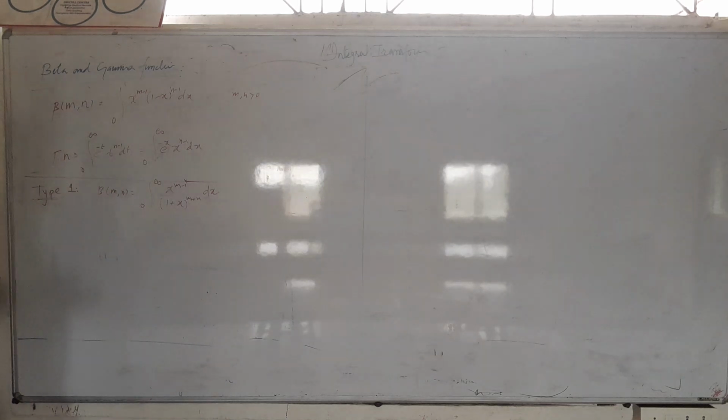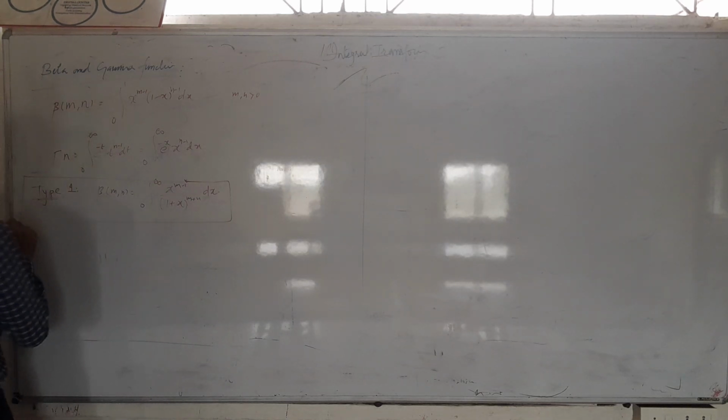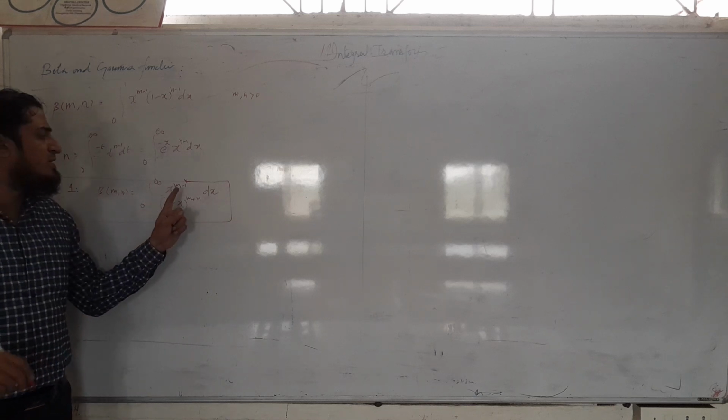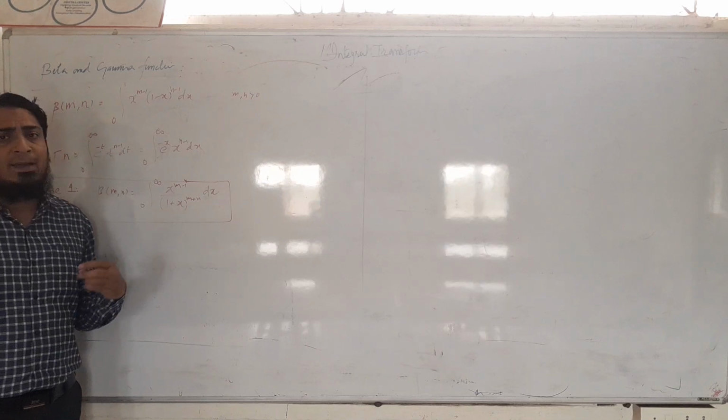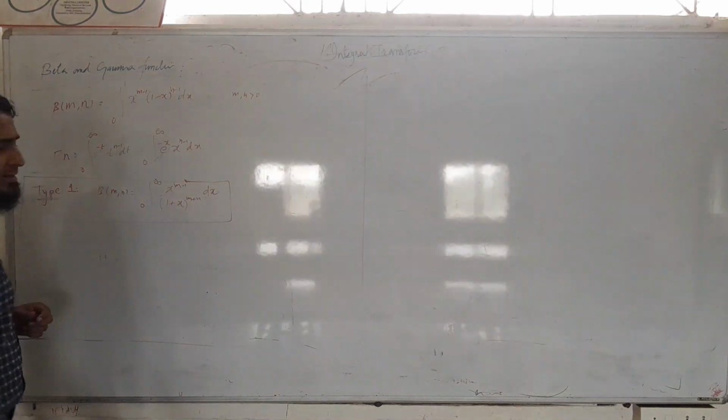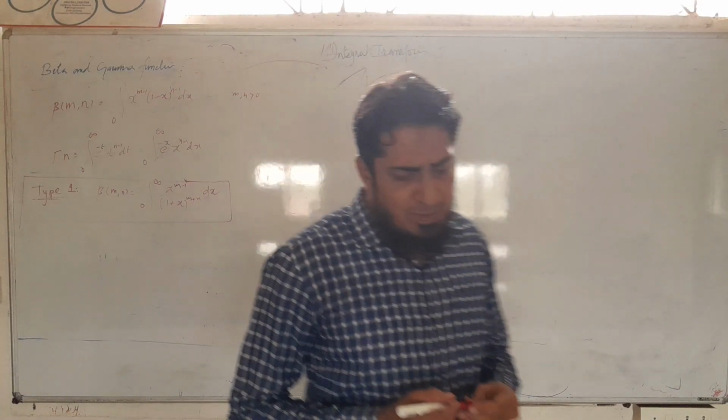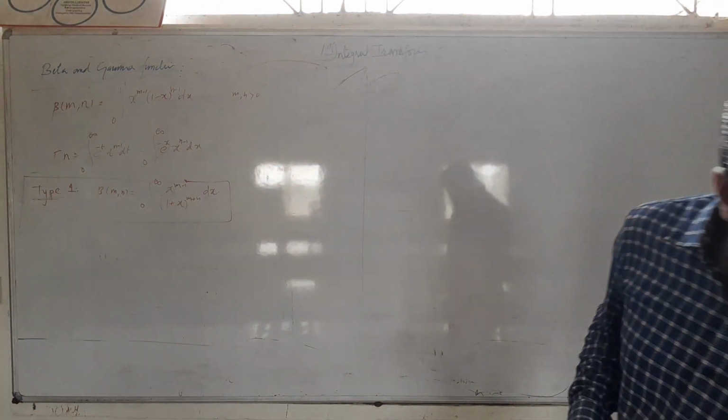It is a form of the beta function in which we have x raised to m minus 1 in the numerator, and in the denominator we have (1 plus x) raised to m plus n. So let's see an example based on such a form.